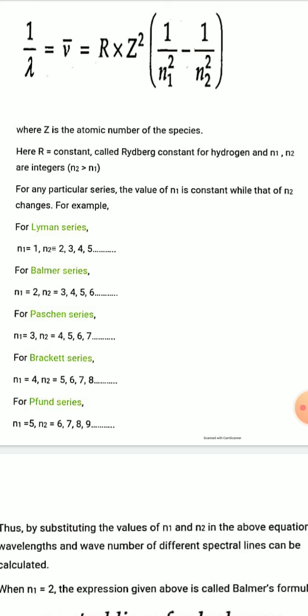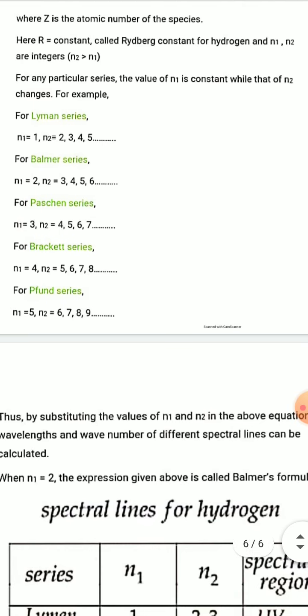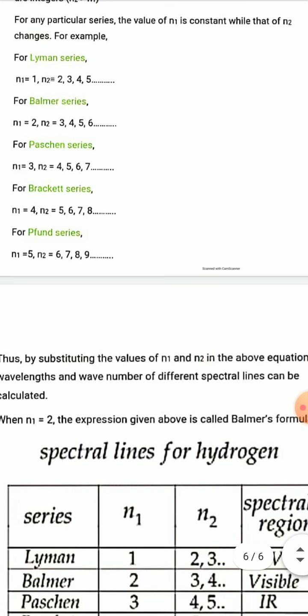In case of the Paschen series, electronic transition occurs from n2 equal to 4, 5, 6, 7 to n1 equal to 3. In case of the Brackett series, electronic transition occurs from n2 equal to 5, 6, 7, 8, 9, 10 to n1 equal to 4. And in case of the Pfund series, electronic transition occurs from n2 equal to 6, 7, 8, 9, 10 to n1 equal to 5.